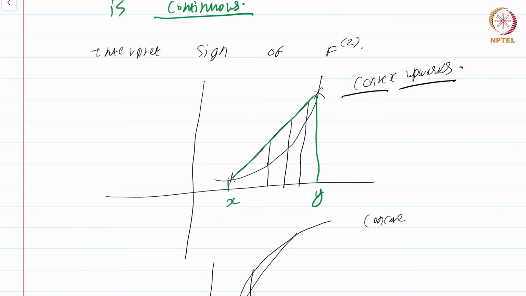If the function is convex upwards, then observe that if you look at the various tangent lines to the curve, those seem to be moving towards the left, right? So this will be captured by the second derivative being greater than 0. So let's see that theorem.